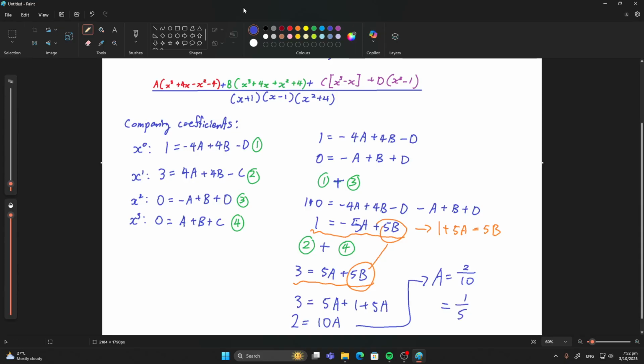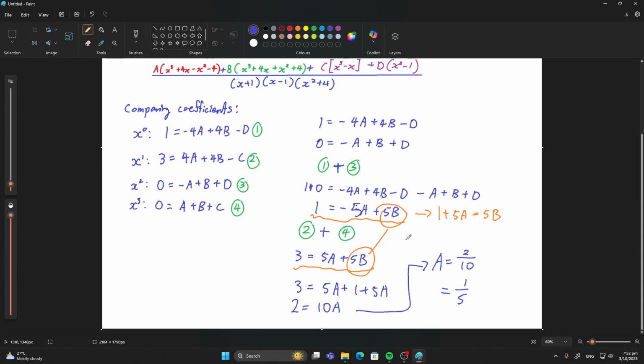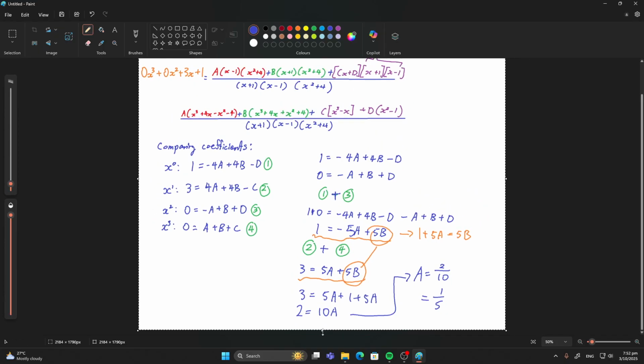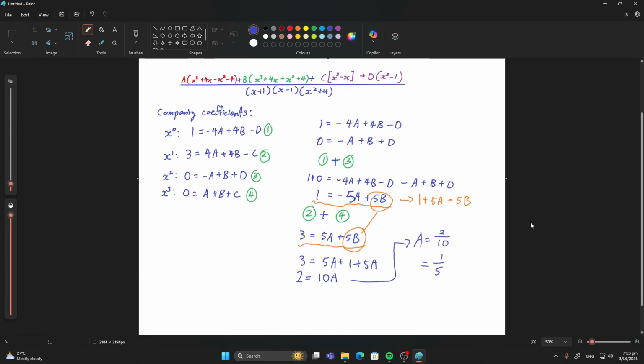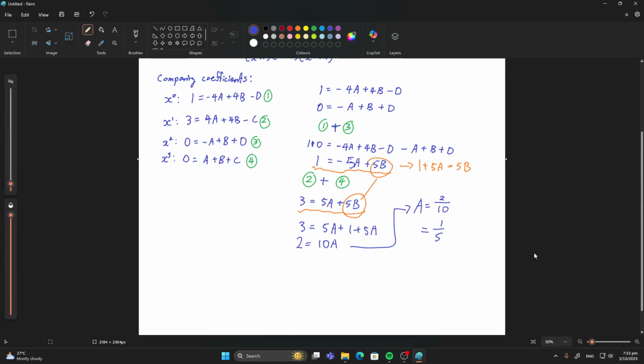So now that I have a equals to 1 over 5, I can sub it into any of these two orange underlined equations. So I'm just going to do the 3 equals to 5a plus 5b.